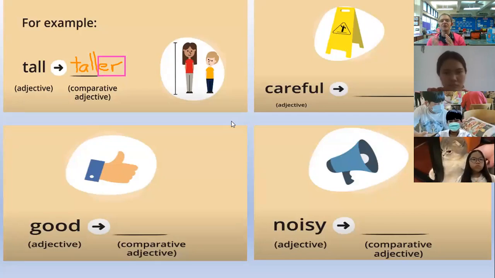How about careful? What would our comparative adjective be for careful? What do we think now? Who wants to take a guess?